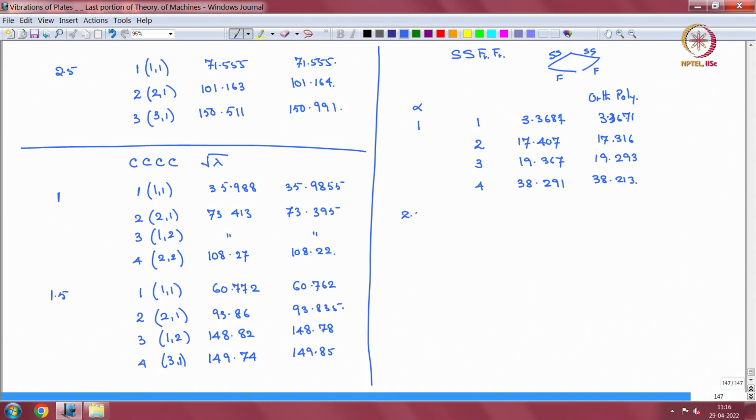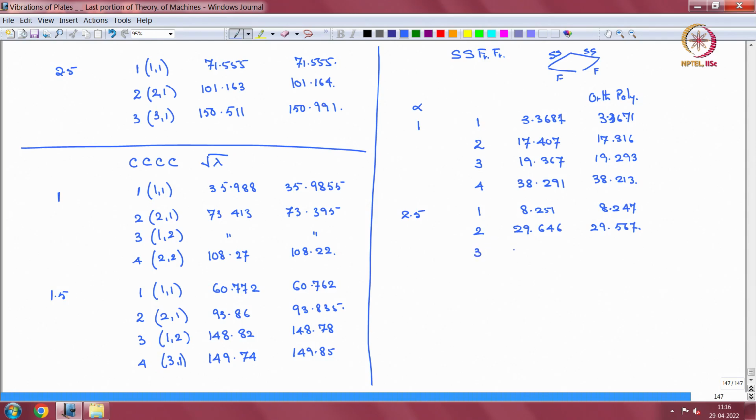And for alpha of 2.5, first is 8.251 and 8.247. Second is 29.646 and 29.567.